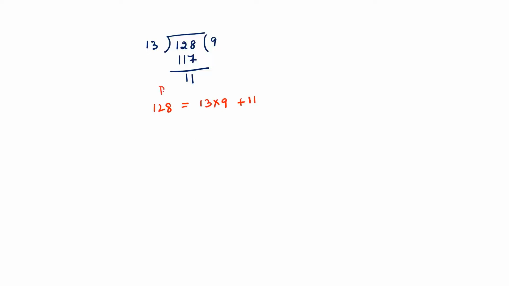So here this is the dividend, this is the divisor, this is the quotient and this is the remainder. This is of the form A is equal to B into Q plus R. Is this clear?